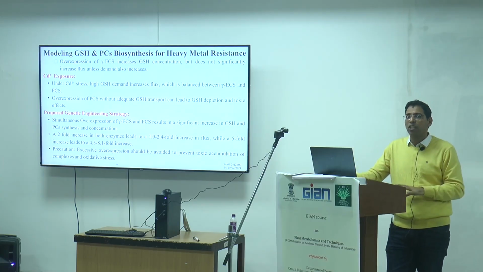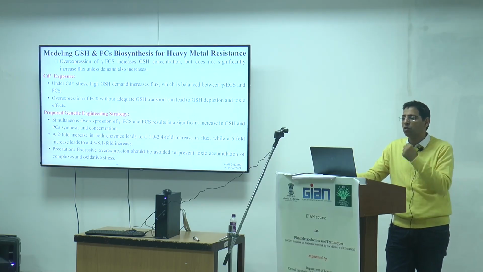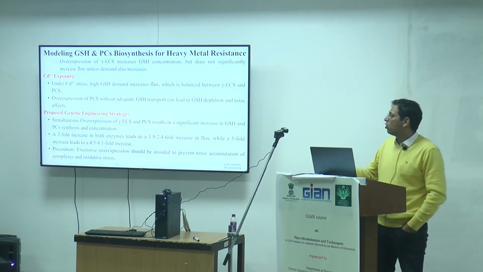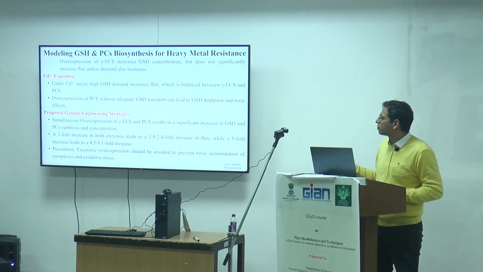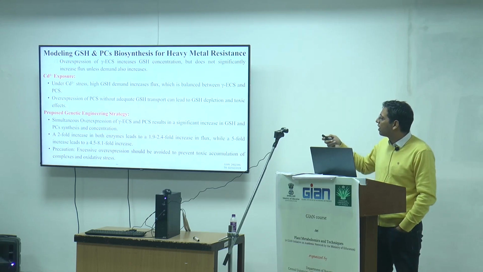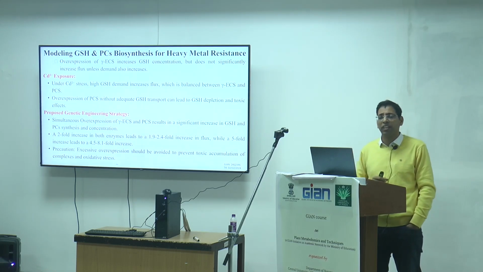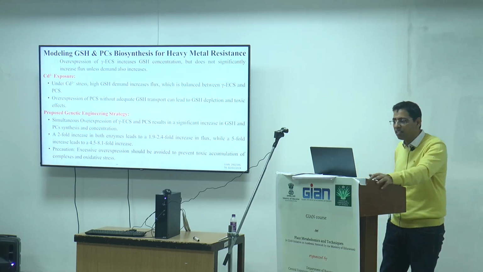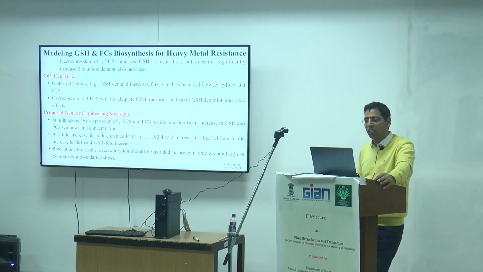So with cadmium exposure, when cadmium comes into the picture, there is a high glutathione demand, and high glutathione increases flux, which is balanced between these two things. And overexpression of the PCS without adequate glutathione transport can lead to glutathione depletion and toxic effects also.